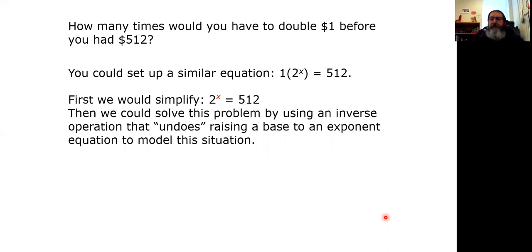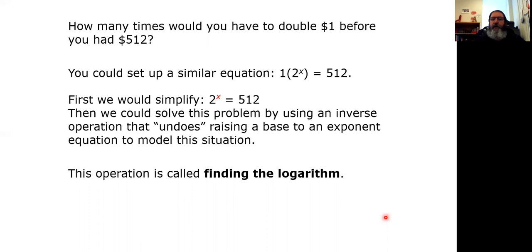So the operation that's the inverse, that undoes raising a number to a power, a base to an exponent, is called finding the logarithm. Okay, so this is where the term logarithm is coming from.